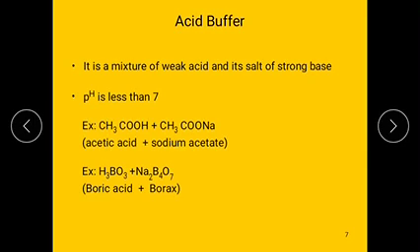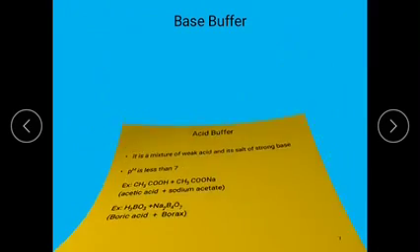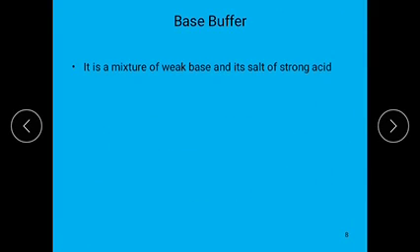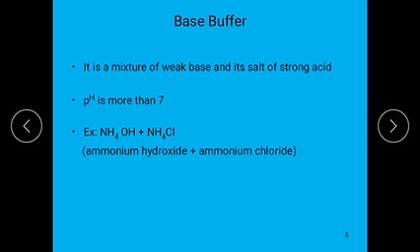An acidic buffer solution is prepared by a mixture of weak acid and its salt of strong base. A basic buffer solution is prepared by a mixture of weak base and its salt of strong acid, and its pH is more than 7. Examples are ammonium hydroxide with ammonium chloride, and aniline with aniline chloride.